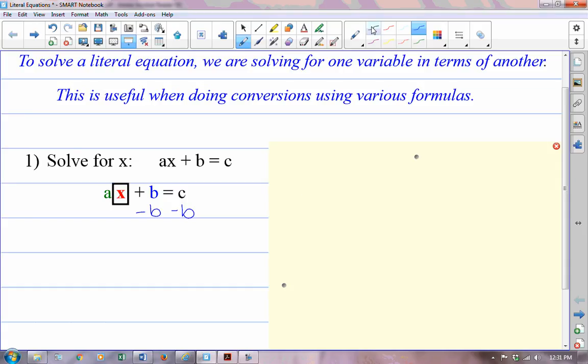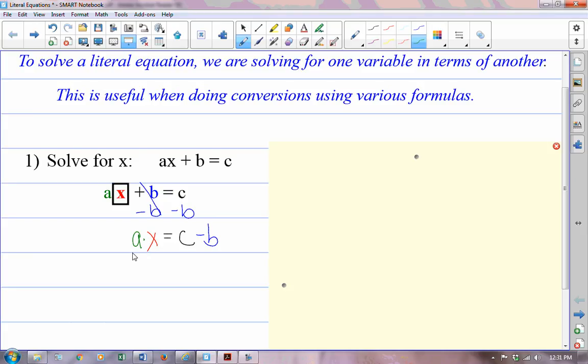Now b and c are not like terms, so they are not going to combine together. We're just going to write them side by side as c minus b. Then we have still the x that we want to get by itself, and a is being multiplied to it. And remember, whenever two things in math are touching each other, that's multiplication.